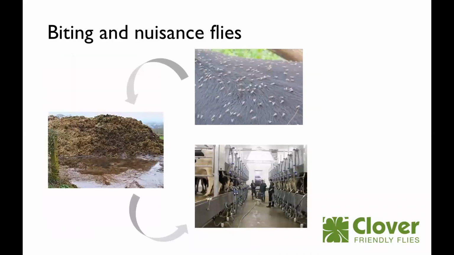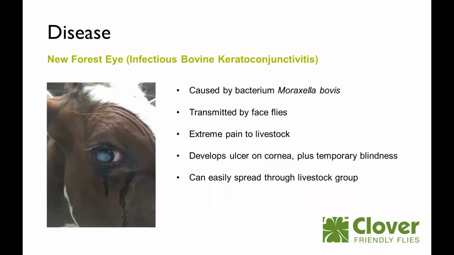So obviously you'll see them on animals' backs and in the parlour and around muck heaps and calf pens and all the sort of normal places that you'd expect to see an issue with flies. Obviously the big issue with them is that they can cause a lot of disease, mainly by transmitting bacteria.